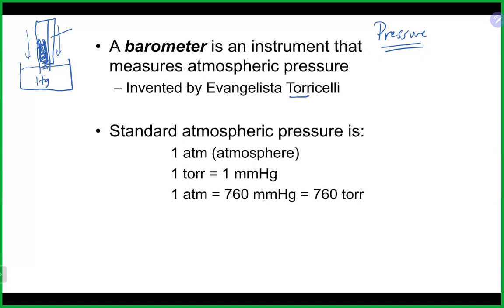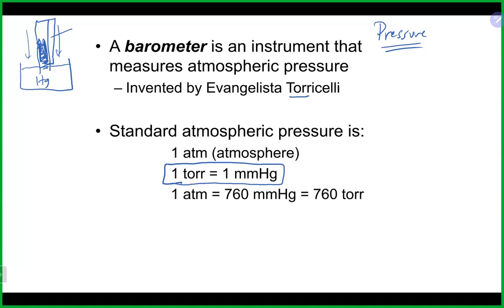There are also centimeters of mercury or inches of mercury, but millimeters of mercury is a very common unit. A torr and a millimeter of mercury are basically a one-to-one conversion. So if you need to convert between those units, you just change the units. The number stays the same.